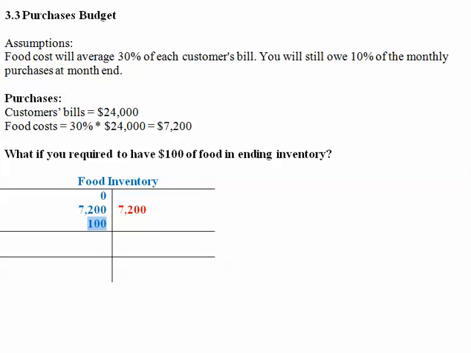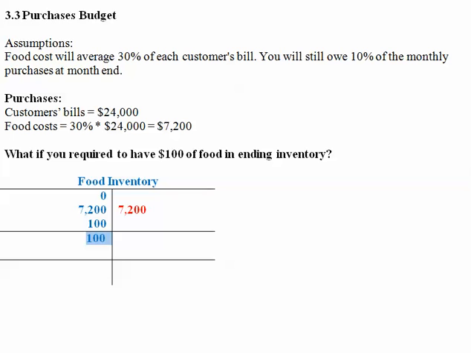So in the very first month, the actual amount of purchases, if you require a certain amount in ending inventory, will be 7,300, or 100 higher than in the subsequent months. All right, so then our ending balance in inventory will be 100 at the end of June.